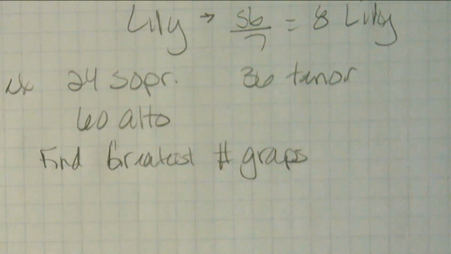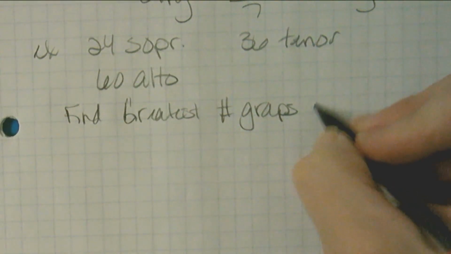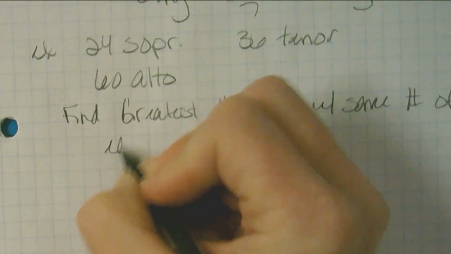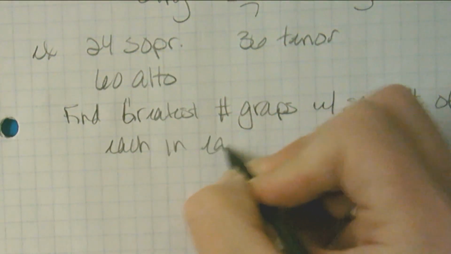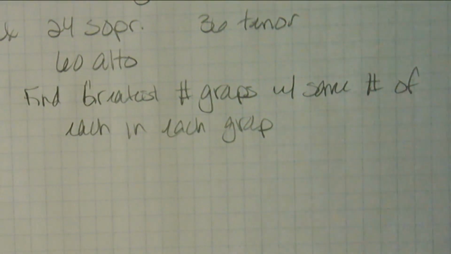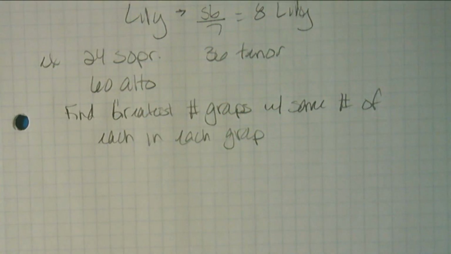That's the first thing I want to do, with the same number in each group. Same number of each. That's important to recognize. If they don't say that, then you cannot use GCF. That's how these work, is we want the greatest number of groups with the same number in each group.